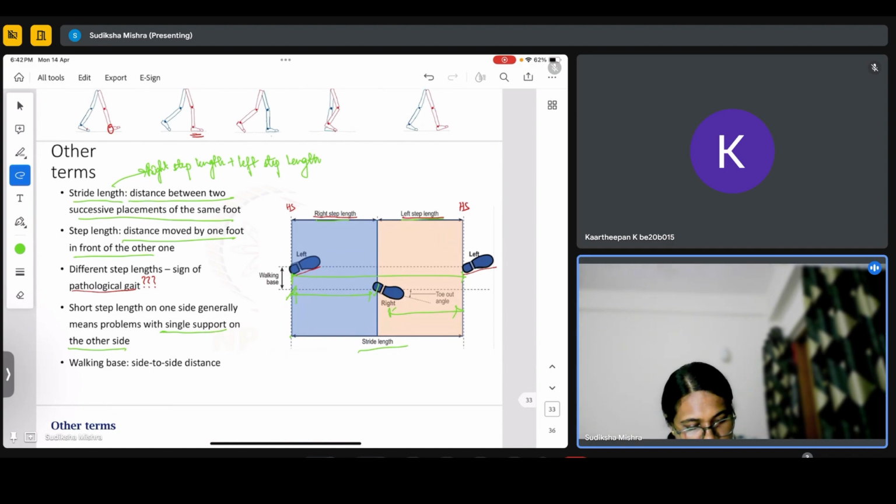And walking base is the side to side distance. How much is the gap between both the feet? If they were placed on a path and footsteps were marked, how much is the average gap between the left and the right foot?